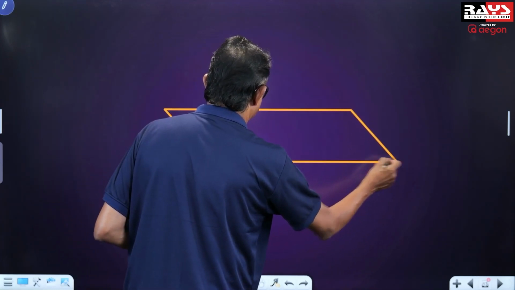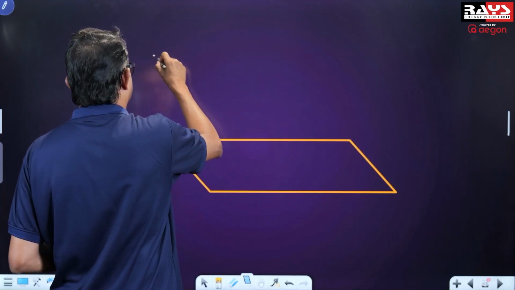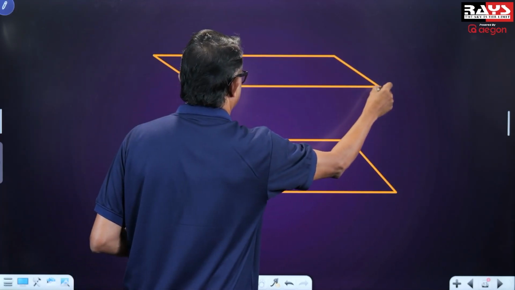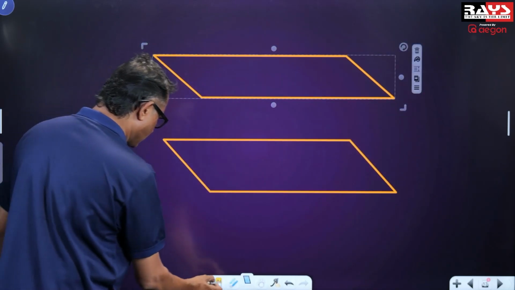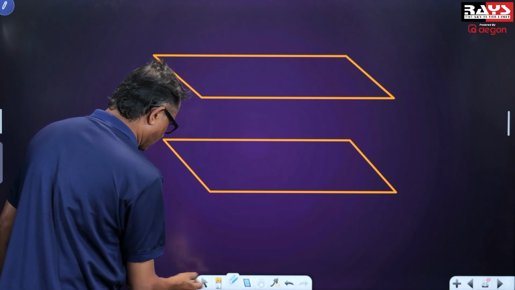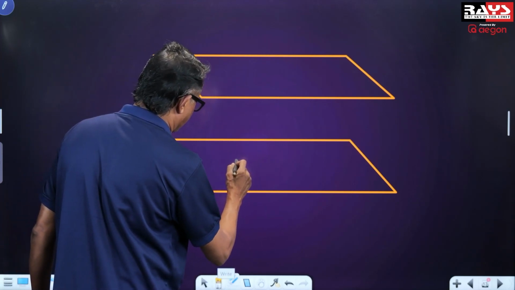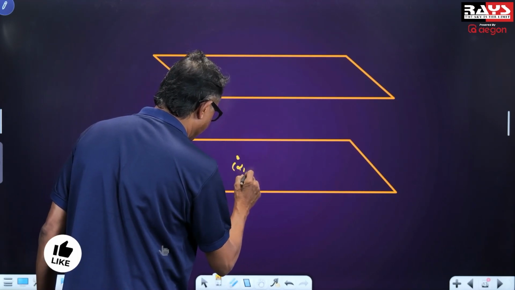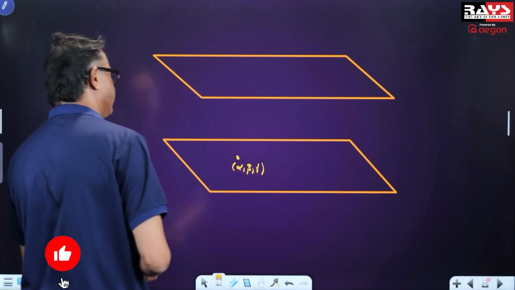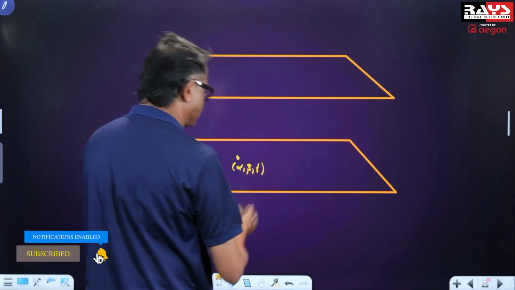This is one plane and there is one more plane like this. Suppose the sphere is like this, and suppose this is the point alpha, beta, gamma, which lies on this plane.